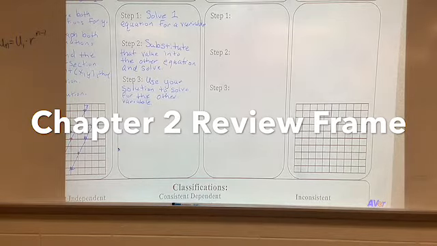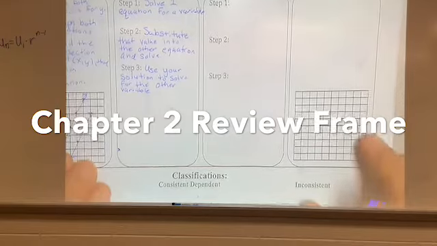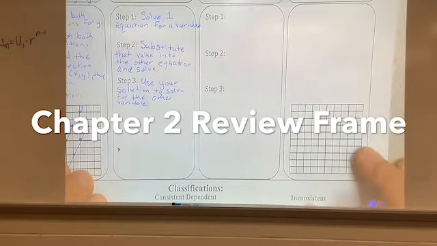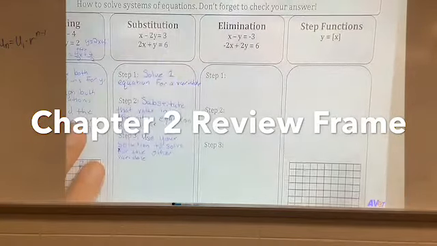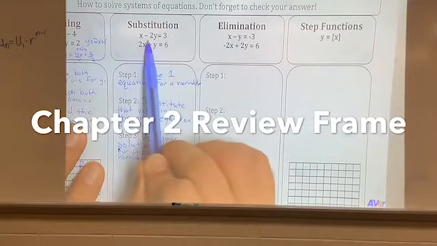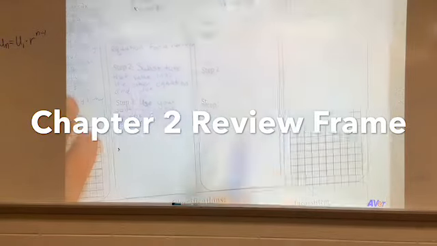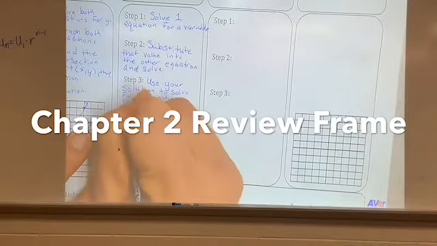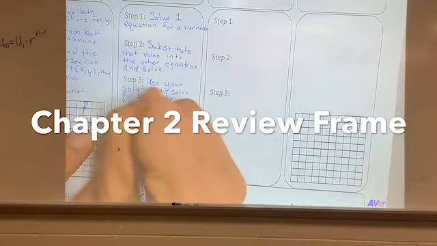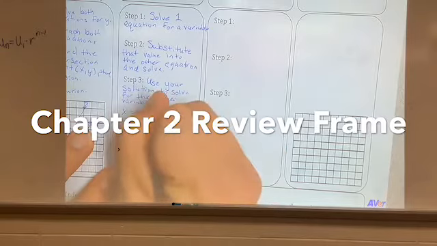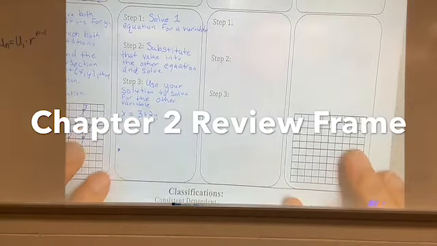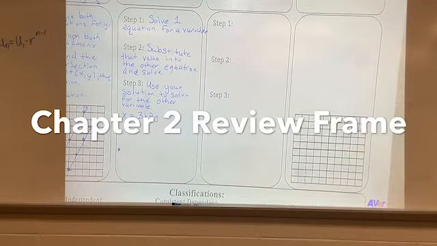If I look at this first equation, equation 1, I'm going to move this minus 2y to the other side. So I'm going to say that equation 1 is x equals 3 plus 2y. So we solve the first equation for x.